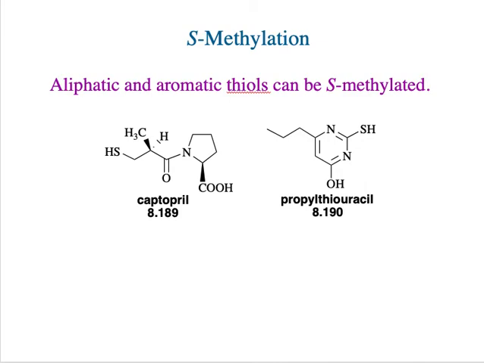S-methylation also can happen. So here's a couple. We had captopril. We talked about that story before when we were talking about blood pressure, the story of blood pressure. Actually, no, not ACE. Angiotensin 2.